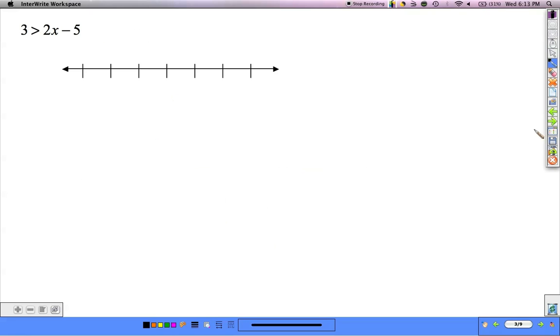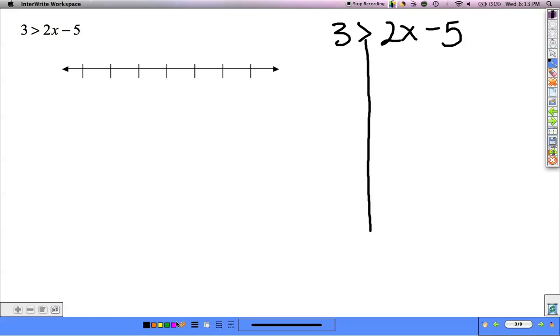Alright, so taking a look at the first example, we have 3 is greater than 2x minus 5. And we would start solving this exactly the same way we would with an equation. I'm going to draw a line because I know it helps a lot of you.